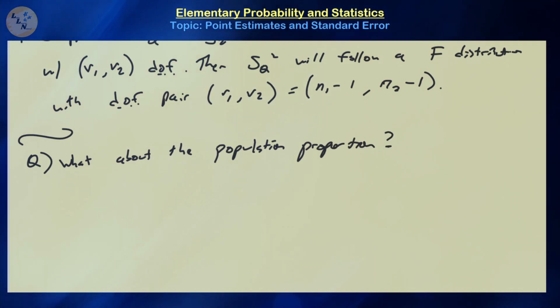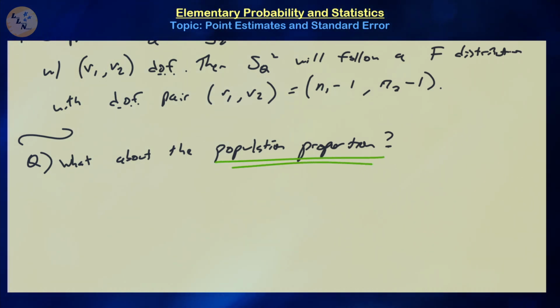Right? And this is related to, for example, the binomial distribution, or anywhere else where we use the probability of success as something in our calculations. So the population proportion, which we usually represent by P, is always going to be equal to x divided by n.